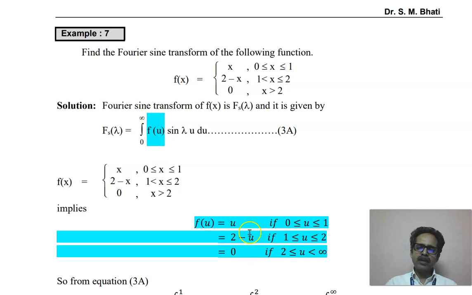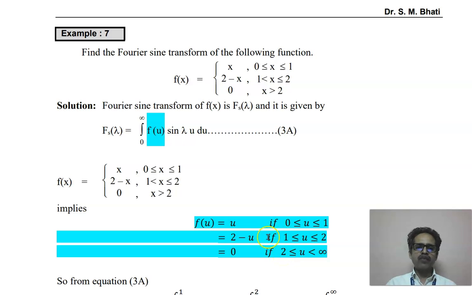As f(u) has three values in these three respective intervals, to put the right value of f(u), we must split this integration by considering these intervals. That means the integration 0 to infinity should be split into three integrals. First integral will have a limit 0 to 1. Second integral will have a limit 1 to 2. And third integral will have a limit 2 to infinity.